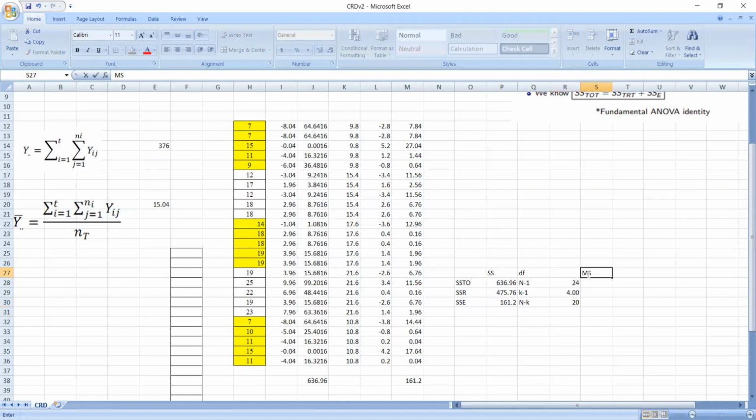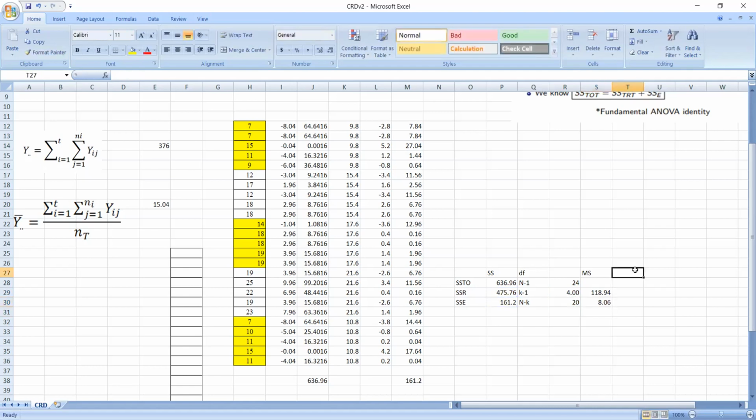And then we have to calculate the mean square values. So for the SSR, what you have to do is take the sum of square value divided by the degrees of freedom. And for the SSE, you have to take the sum of square value divided by its respective degrees of freedom.